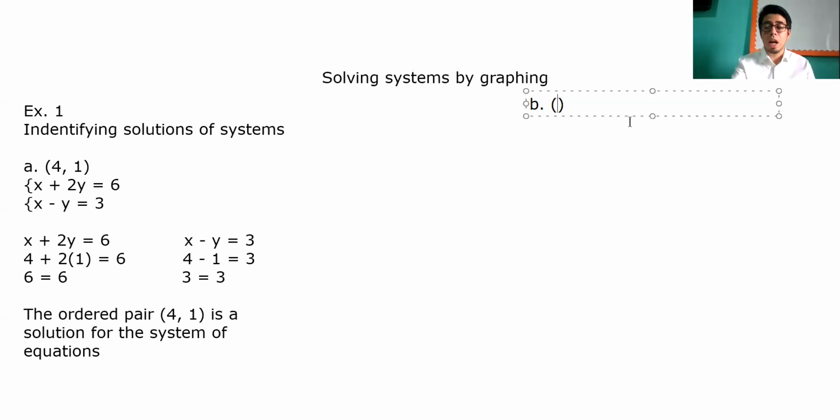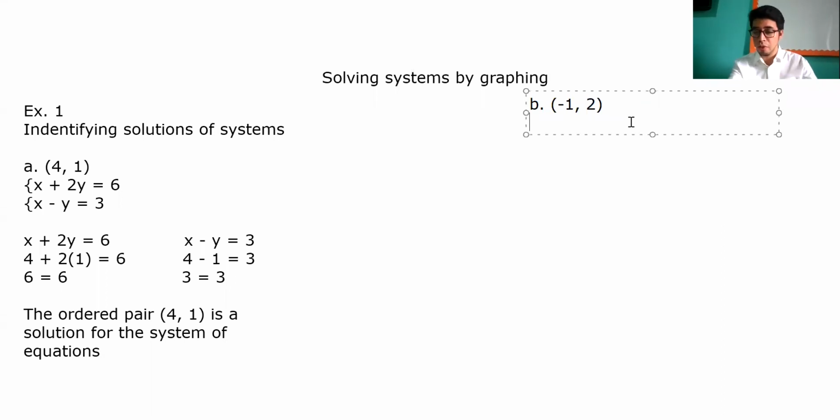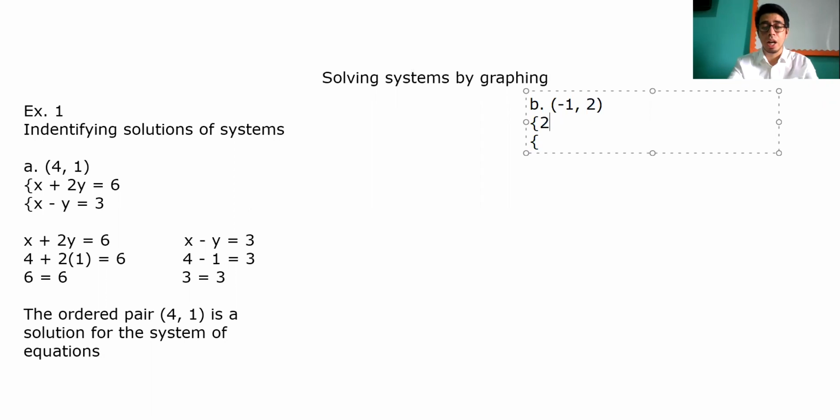And in B, we have -1 for x and 2 for y. And the equations we have, the first one is 2x plus 5y equal to 8. And in the other equation, we have 3x minus 2y equal to 5.